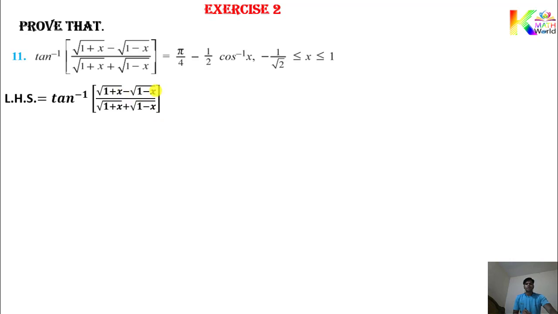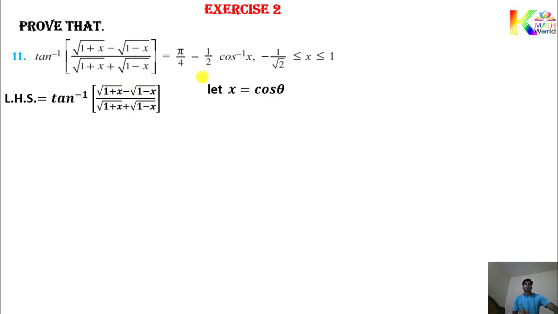Now as we discussed, if we assume x as cos theta or cos 2 theta, then you get a formula. Why? Because 1 minus cos 2 theta and 1 plus cos 2 theta have formulas. So either you can assume x as cos 2 theta or x as cos theta, and start your calculation.